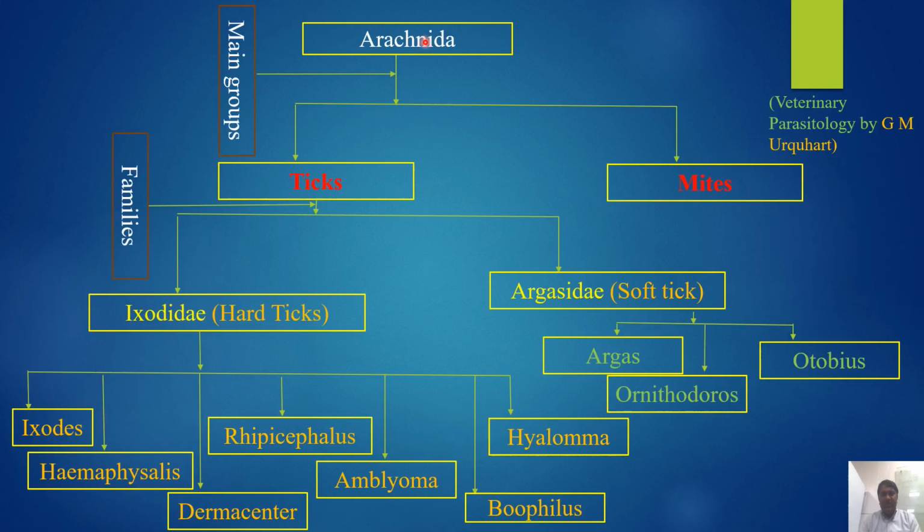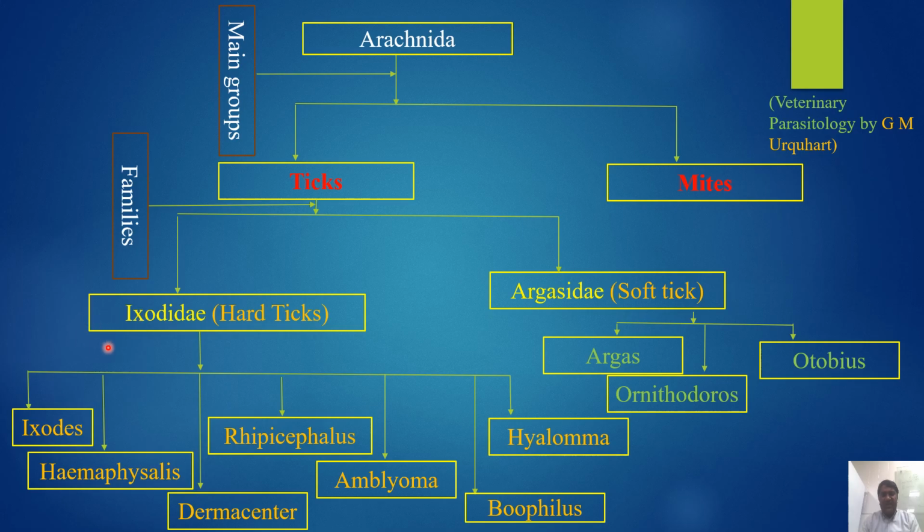The first class, Arachnida, has 2 main groups, the ticks and mites. The ticks have the following families: Ixodidae, which has the hard ticks, while Argasidae has the soft ticks.